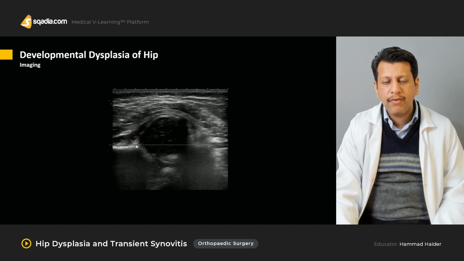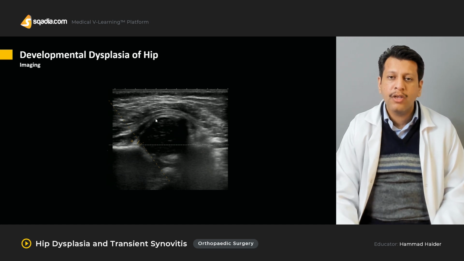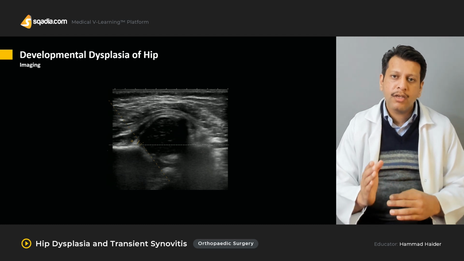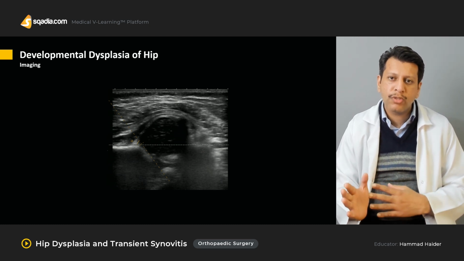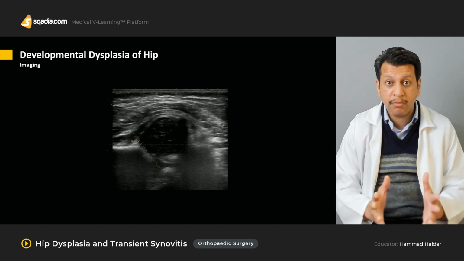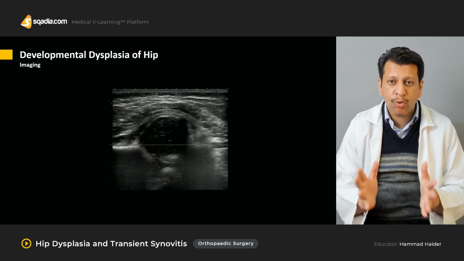We calculate alpha angle as well as beta angle. Now, beta angle is calculated with this line bisecting in the cartilaginous angle. So, normal values of alpha and beta angles are such that usually the alpha angle is more than 60 degrees and beta angle is normally less than 50 degrees in a normal hip. But always remember this mnemonic that a big beta is always bad.